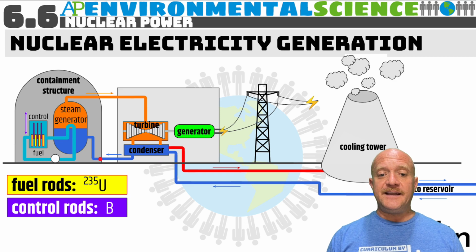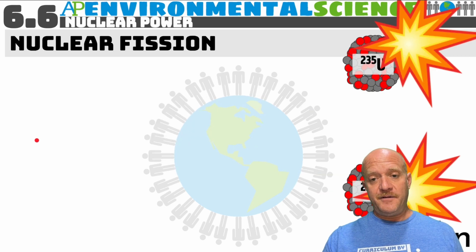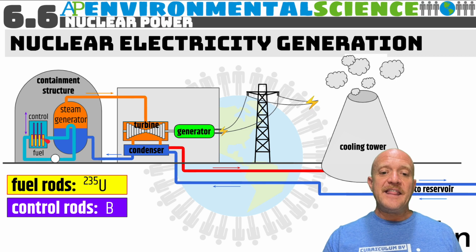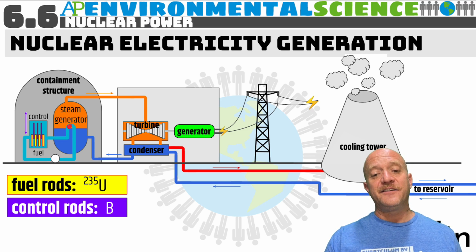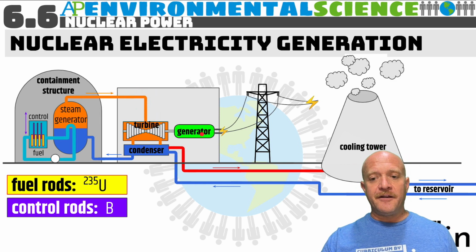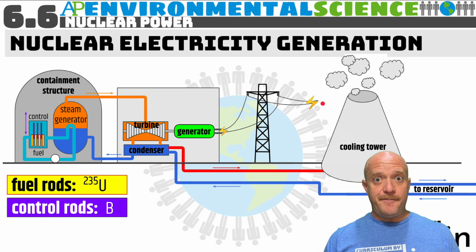But what happens is when you are using the fuel rods, you will have that reaction occurring, the reaction that I told you about. And then that will release so much energy that it converts the water into steam. And the process of turning the turbine, spinning the generator, generating the electricity is the same.